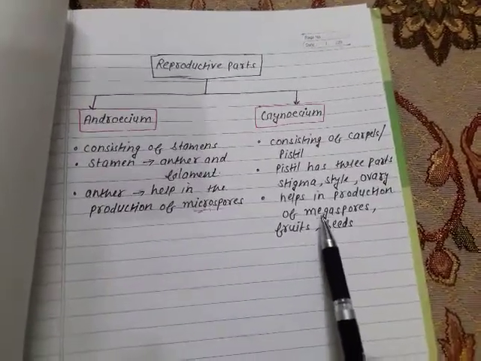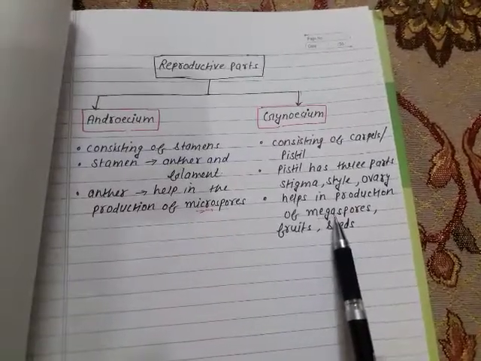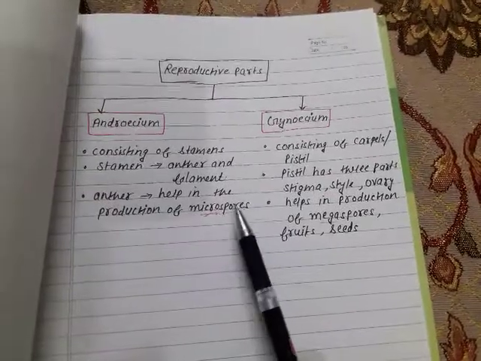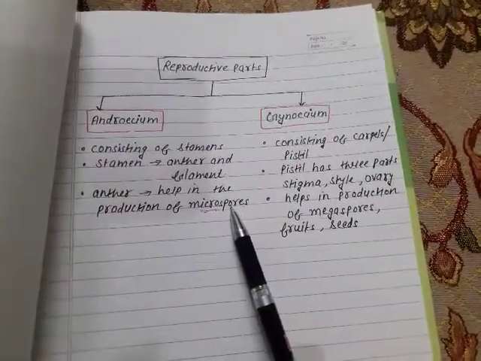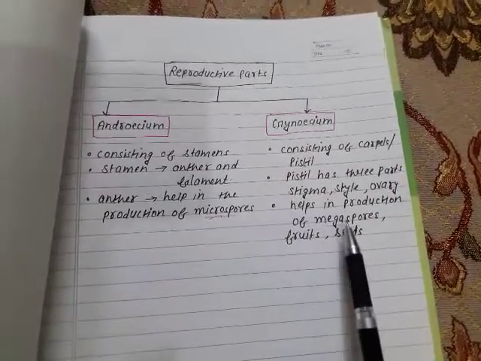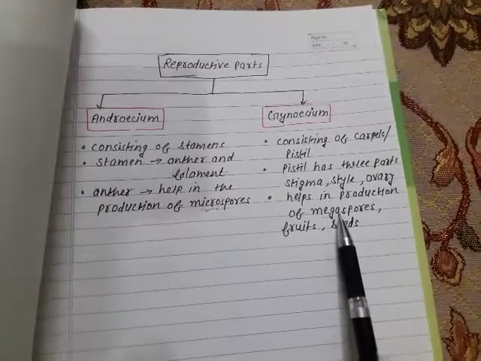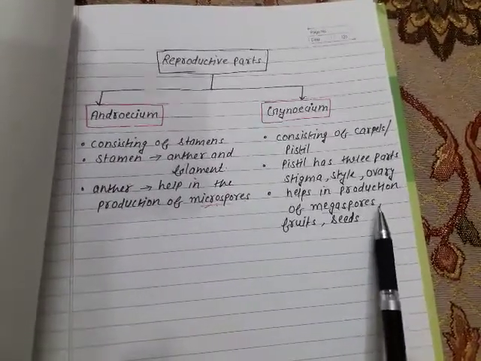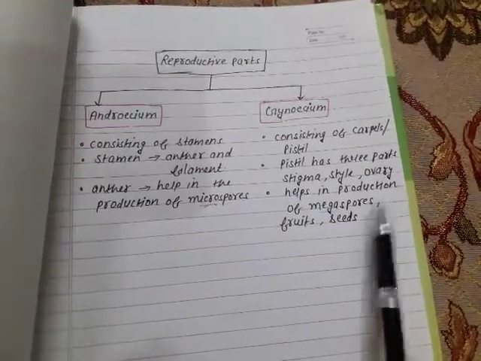Megasporogenesis means the formation of megaspores in the female. Microspores give rise to pollen grains, which represent the male gametophyte. In the same way, in the female, megaspores give rise to a structure called the embryo sac, or the female gametophyte.